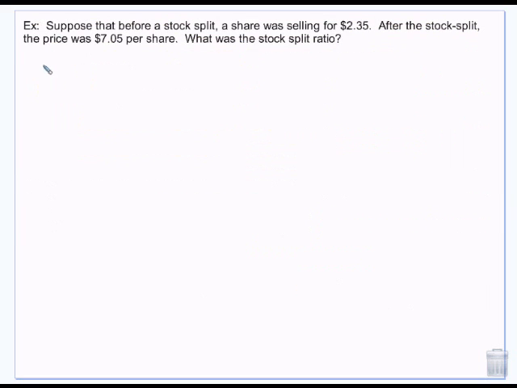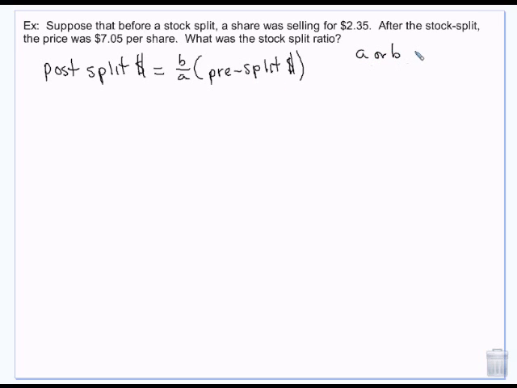So come here and we'll say post-split. Now, at this point, unless it is otherwise told to you, A or B will equal 1.